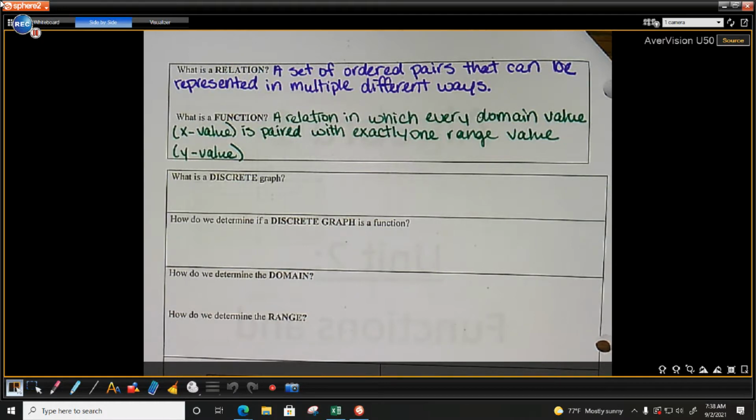So that's like the super wordy definition of what a function is. Every domain value is paired with exactly one range value.